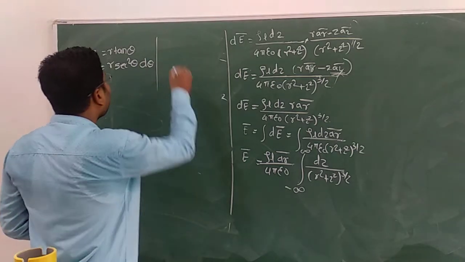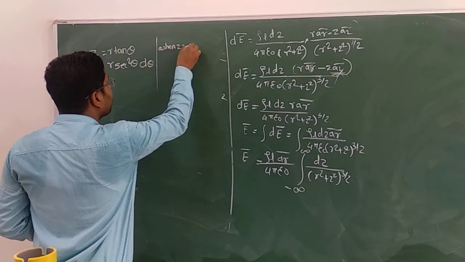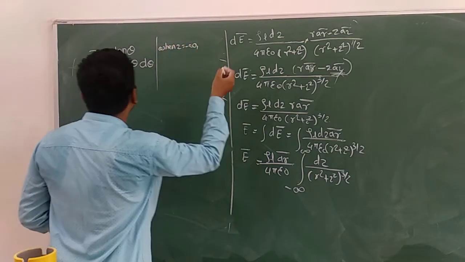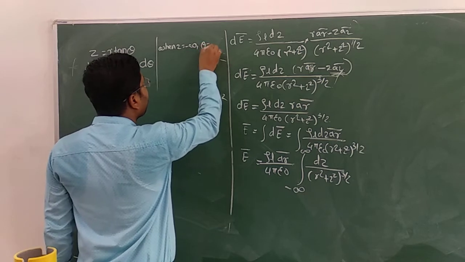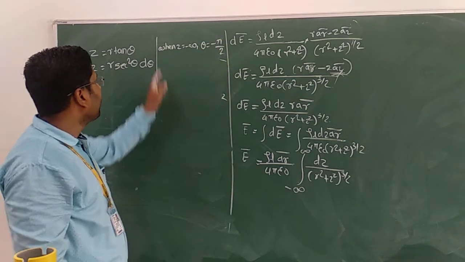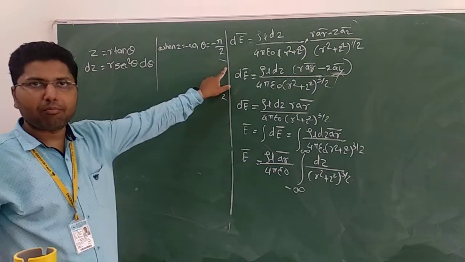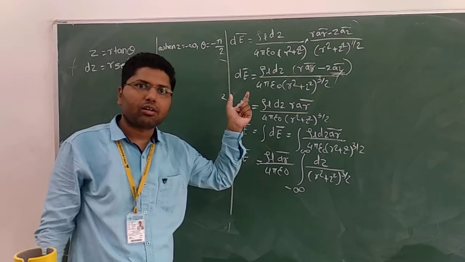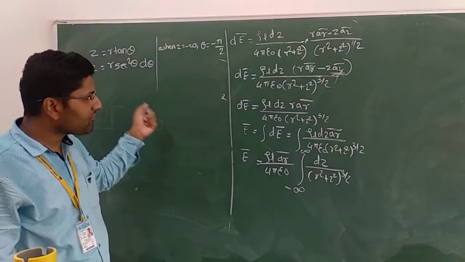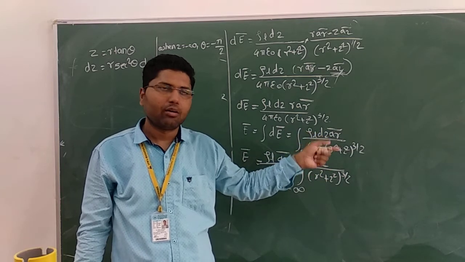We have to change the limits also now. When Z is equal to minus infinity, theta will be minus pi by 2. You can do this calculation. We have to change the limits because we are converting dZ into d theta.